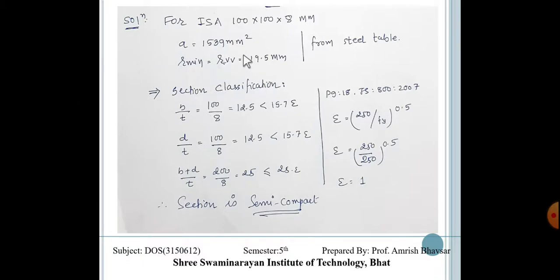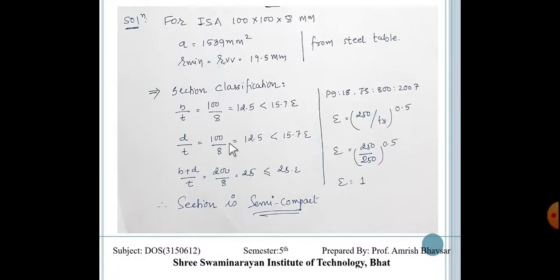Why are we taking the smaller r here? Because our section in compression will buckle about the minimum radius of gyration. So to prevent buckling, we have to consider the smaller value, so we can design for the higher value.